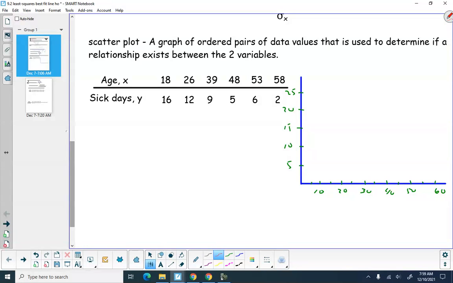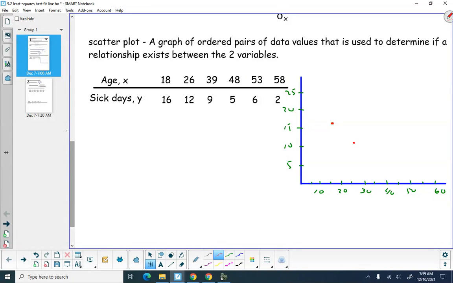And what a scatter plot is, basically, is that each one of these is an ordered pair. When I'm age 18, I use 16 sick leave days. So at 18, I go up to a value that's close to 16. When I'm 26, I use 12.